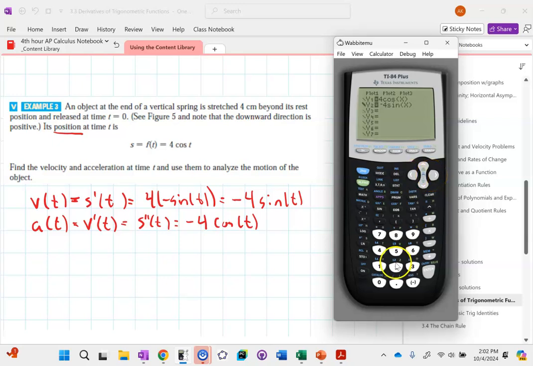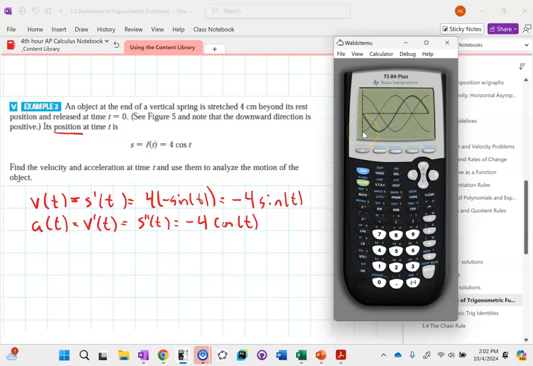And then if I wanted to do my acceleration, I should give that a different line too. I'll do the dashed one. So this is my position function. There's my velocity function, that's the thick line. And then my dashed line there is my acceleration.